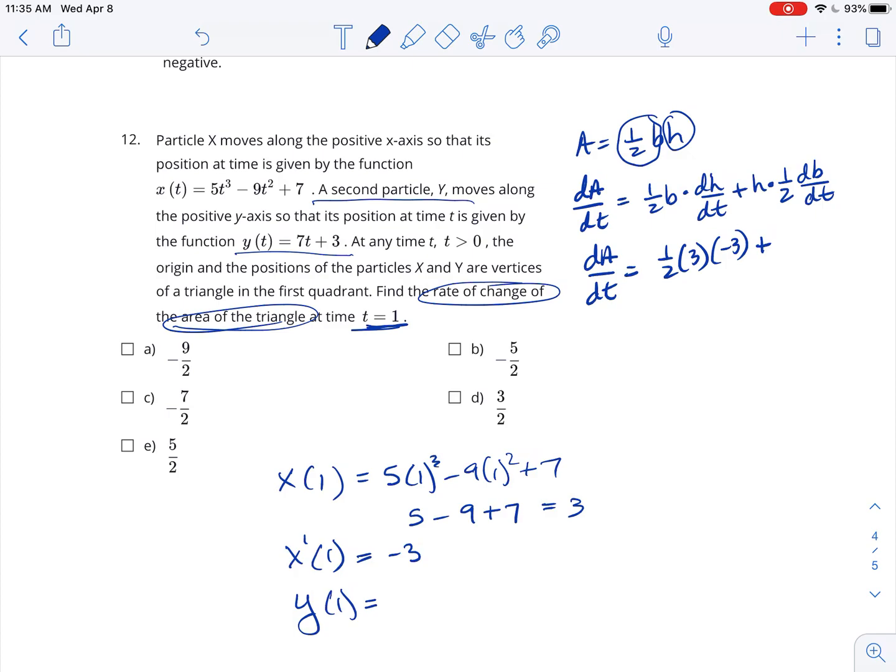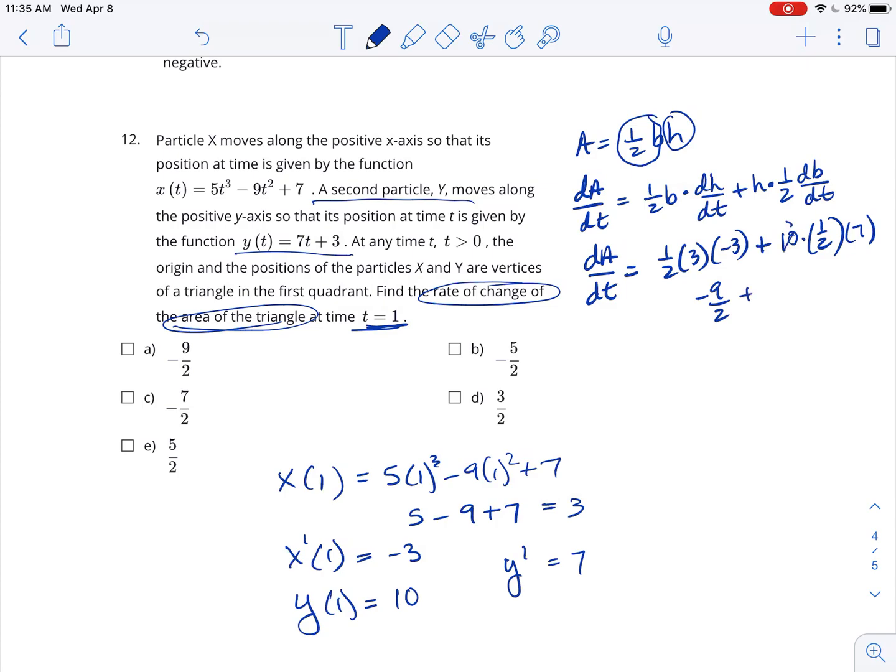So plus the height of the second, so y at 1 is going to give you 10. 7 times 1 plus 3 is 10. And the rate of change of the second at 1, so y prime is equal to 7.